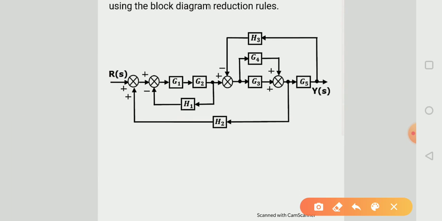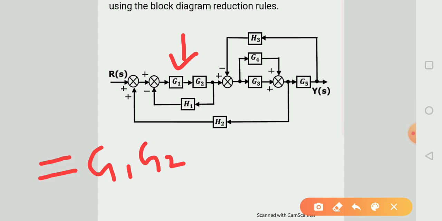We can see here these both blocks are in series. So if two blocks are in series, then the resultant is G1 into G2. We multiply both the gains if two blocks are in series.